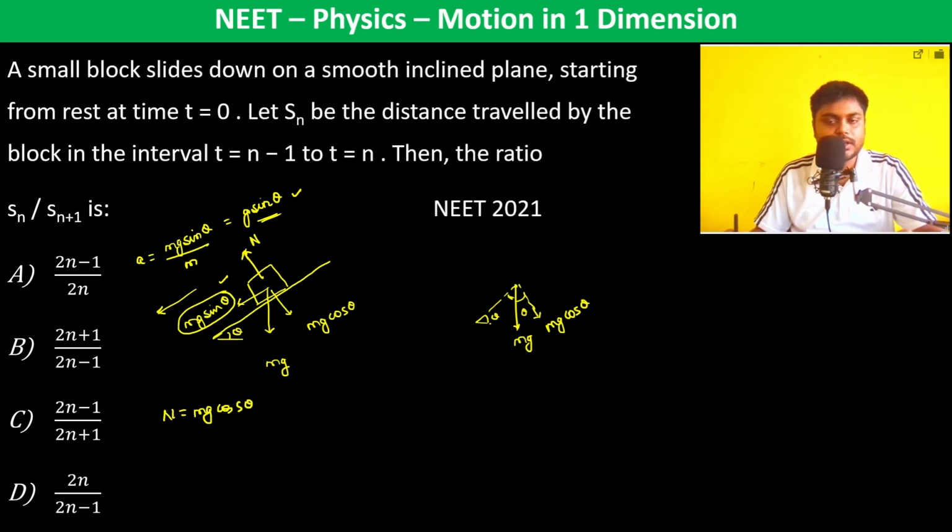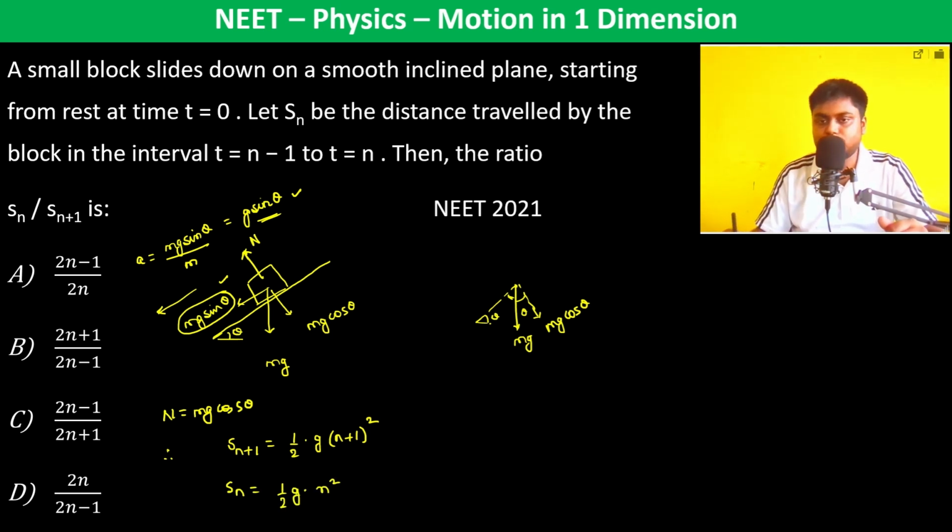Of course we can write, because there is only g sin theta, it is a constant acceleration case. So therefore we can write S of n plus 1 is equal to half into g into n plus 1 whole square. Sn is equal to half into g into n square.